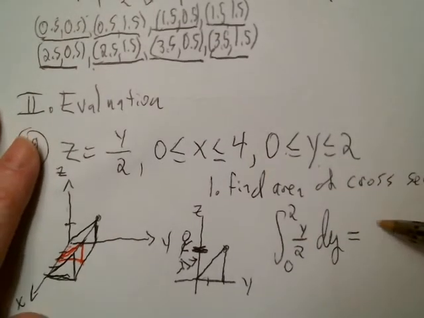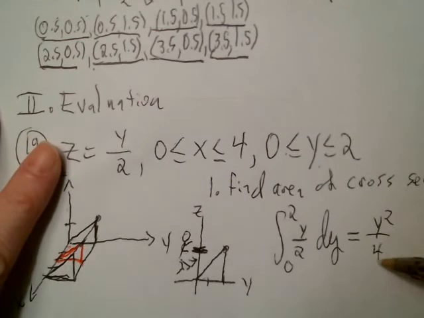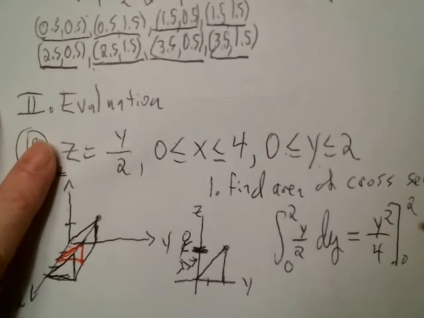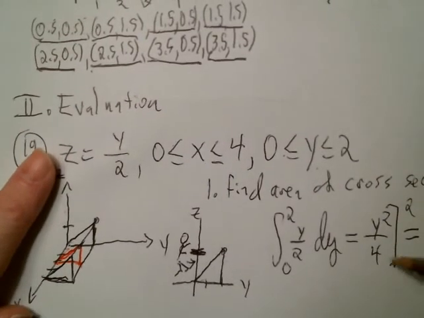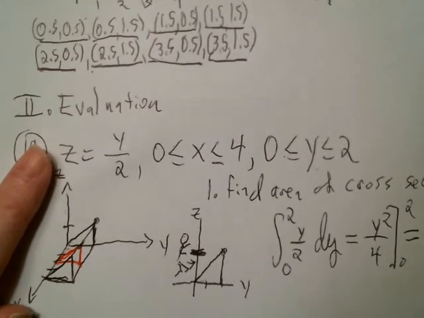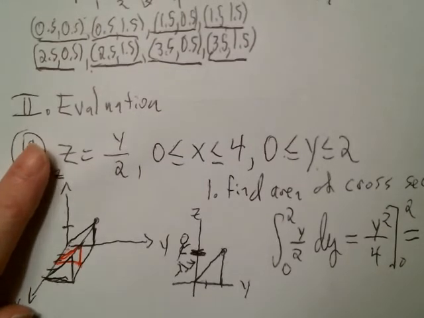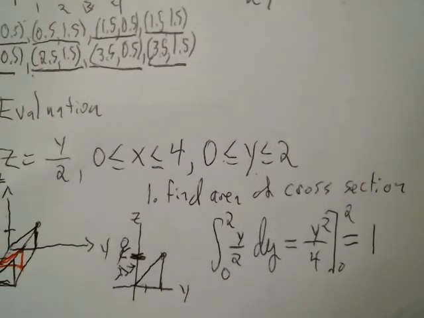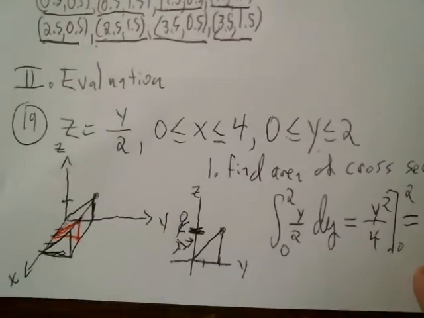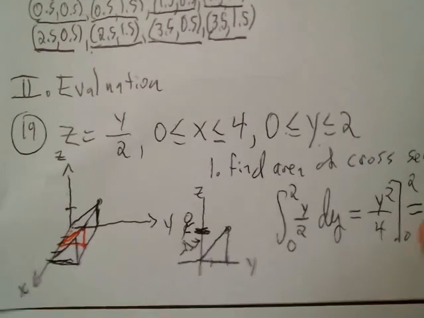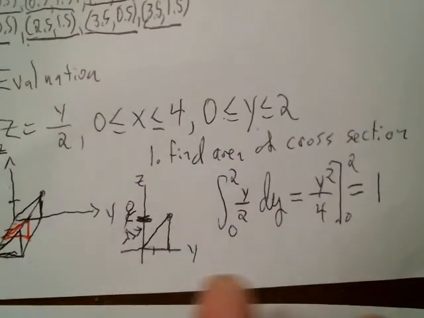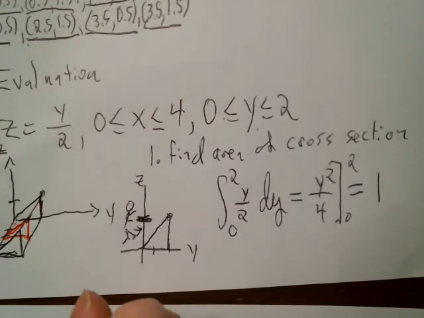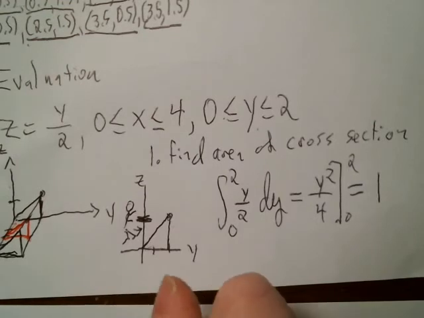So y squared over 4, and then I'm integrating from 0 to 2. That will be 4 over 4, which is 1, minus 0 over 4, which is 0. Okay, so the area of the cross section is just 1. And then I want to basically sum that up from 0 to 4. So I can do that with another integral, right? So I can say, okay, step 2, sum up the cross sections.